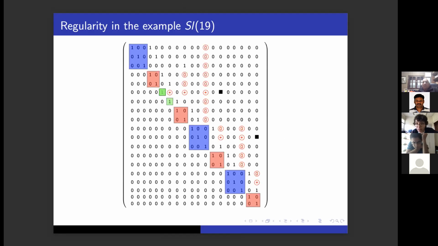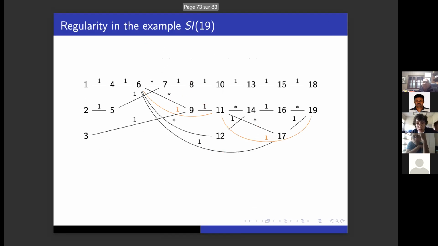There is a lot of technicality and work, and we had a lot of issues finding them, but I do not have time to explain them. And here is how our diagram became. So I added two ones, and I will draw them in orange. It goes 6, 11, and 11, 19.